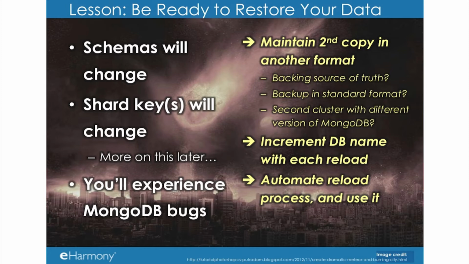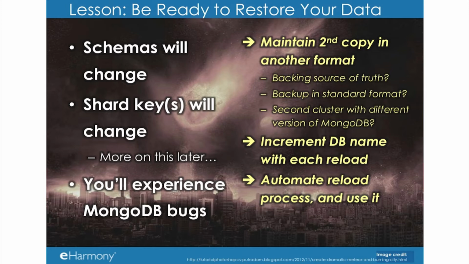The convention that we've adopted, which has worked pretty well, since you can't rename databases in MongoDB in a live system, is we just have a suffix on the name of the database, and each time we do a reload, we increment that suffix. So we can be serving live traffic from our Mongo cluster with a certain set of databases and collections, and meanwhile be sideloading the new copy.